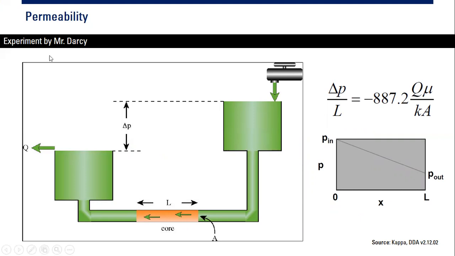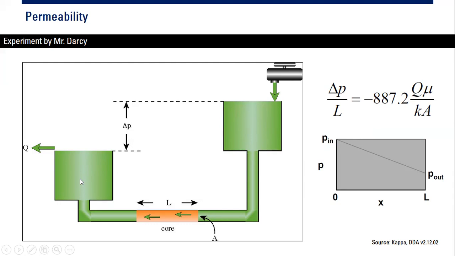Mr. Darcy conducted this experiment. He had connected pipes, with a reservoir on the right side and on the left side. And he made the pipe like this, with a distance between the surface of the right tank and the left tank.